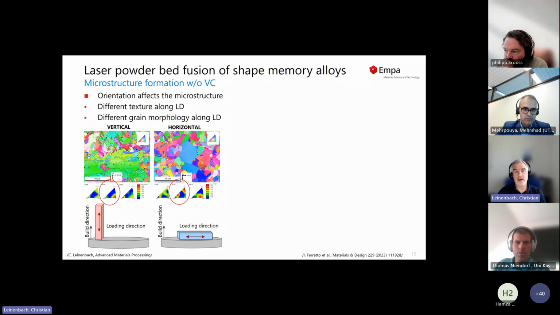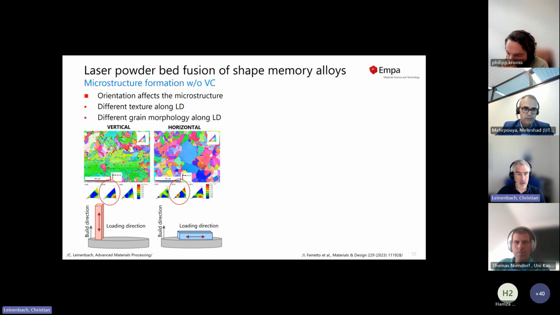If we look at the microstructures of parts fabricated in vertical direction or in horizontal direction, we could see in the EBSD patterns that we have different textures, as indicated also by the reverse pole figures here.